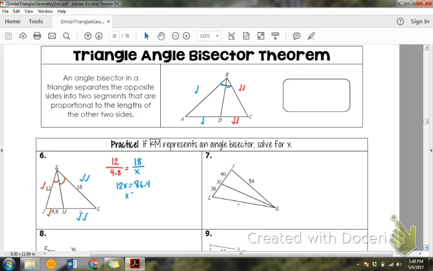We should be getting X to be 7.2. Good. Anybody else have 7.2? Yes. Okay. Why don't you see if you can set up number 7 on your own?